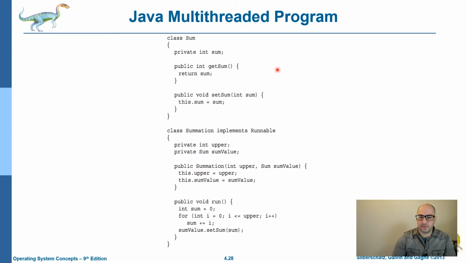And the Java developers and specification writers intentionally did so. The information that we're going to share is an instance of the Sum class. So we're going to share a Sum object. The thread that we spawn from our main thread will, upon construction, get a reference to a Sum object and an upper bound to calculate.